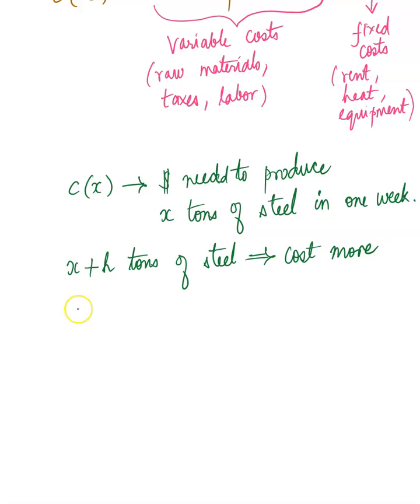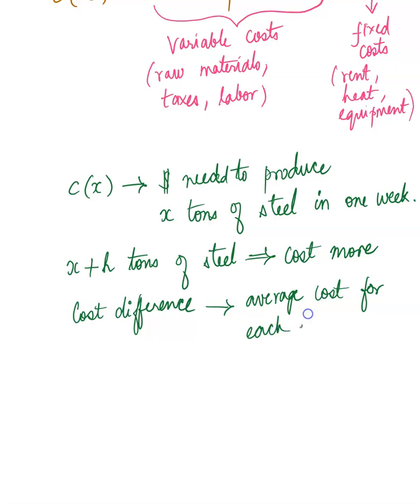Okay. So if I want to find the cost difference, what is the cost difference in what I produce regularly each week versus extra or additional tons that I have to produce each week? The cost difference will be the average cost for each additional item, in this case each additional ton, divided by H, because H is the extra, right? X plus H, that's the extra that you are doing.